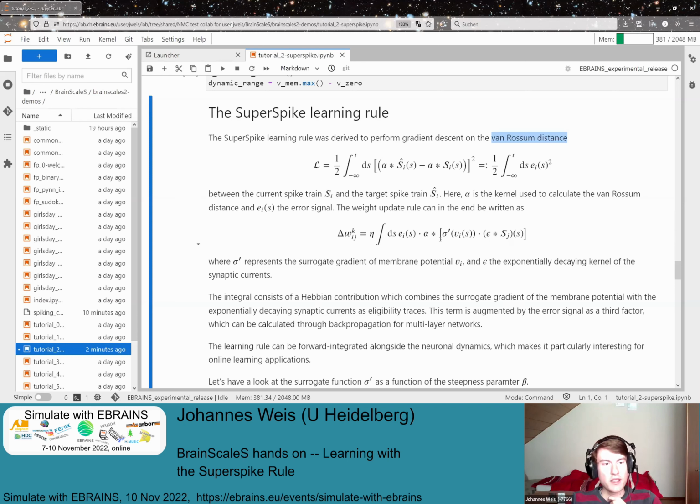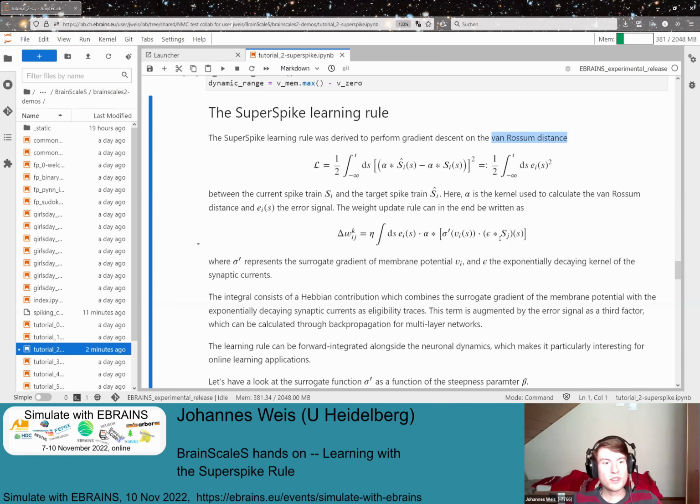The other factor is a synaptic eligibility trace, and this is what we can refer to as this term in the square brackets here. And here, Sj is the input to neuron i. So we were considering the spike train Si of neuron i, and Sj would be the input spike train of synapse row j.